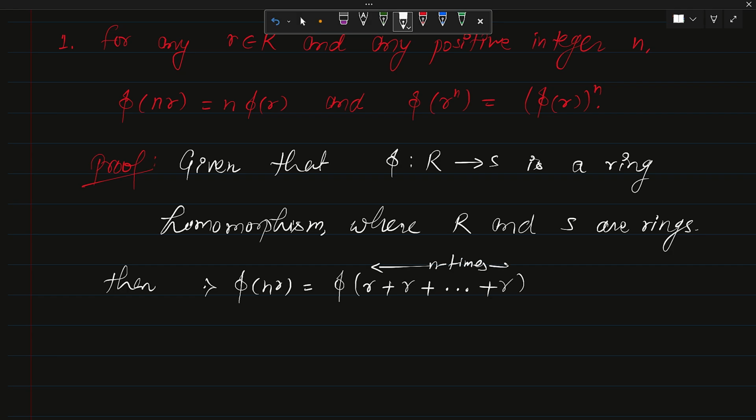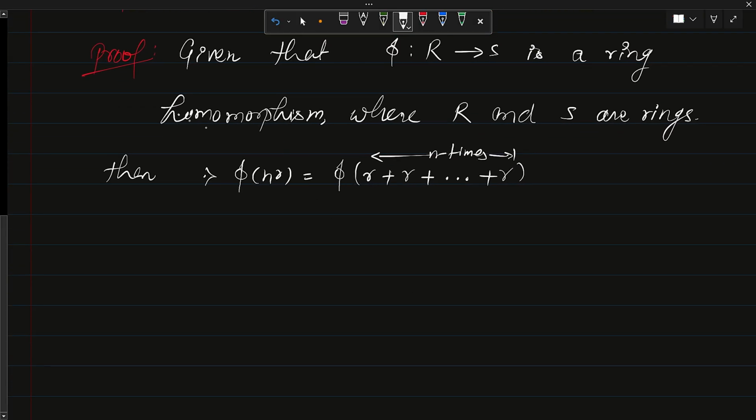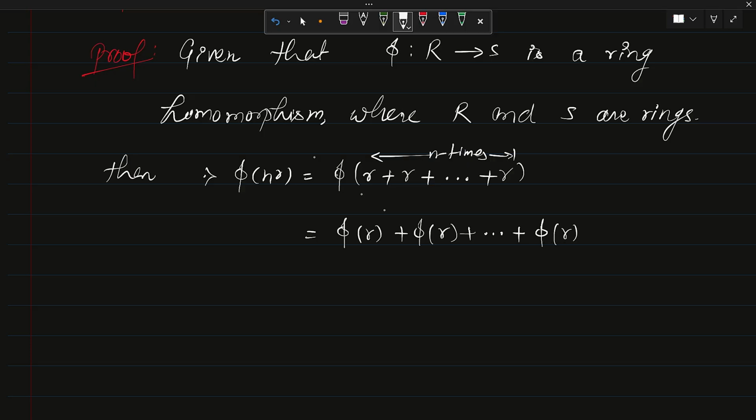Now if we apply the homomorphism virtue, then we are having phi of r plus phi of r plus and so on plus phi of r. ये हम क्यों लिख पा रहे हैं? क्योंकि phi एक homomorphism है and this is same as n time phi of r.